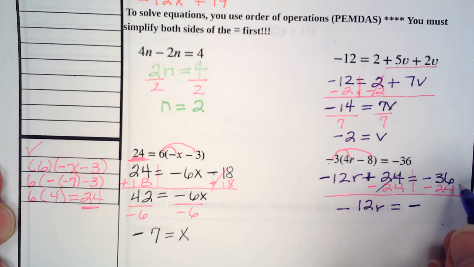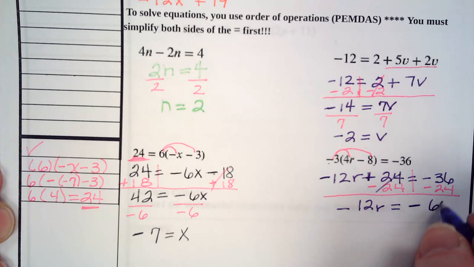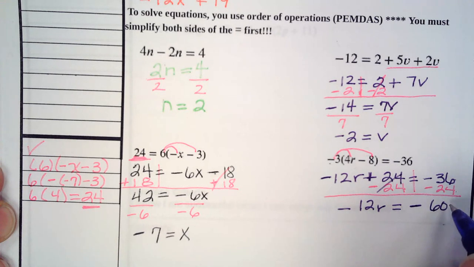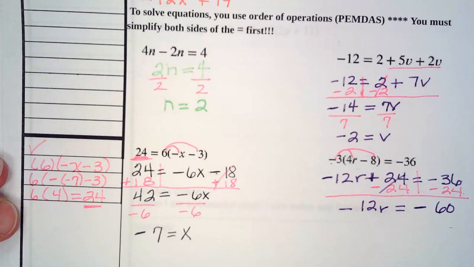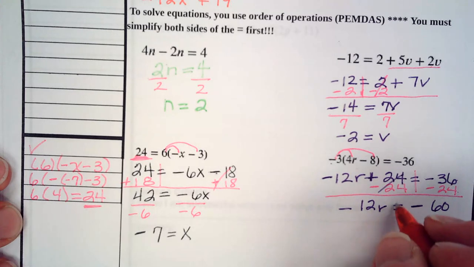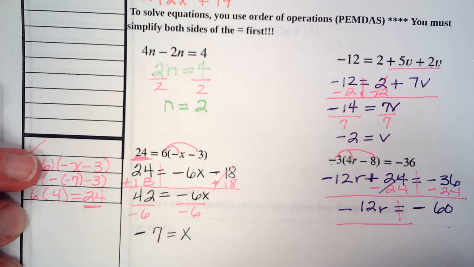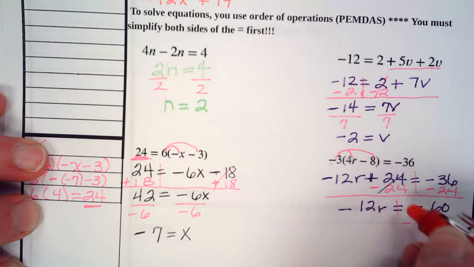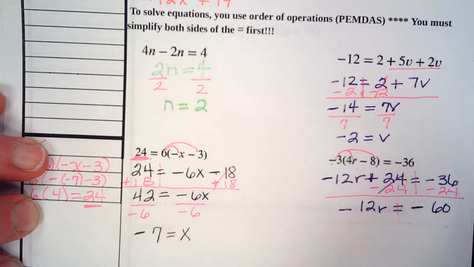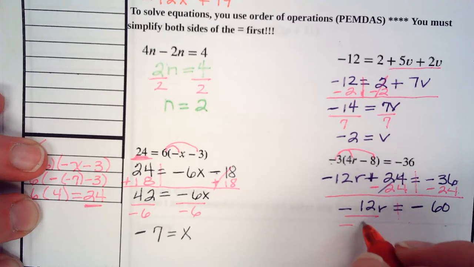Okay, so if I'm adding, if I take the 4 from the 24 and add it to 6, I get 40. 40 plus 20 is 60. Or 6 plus 4 is 10. Put the 0, carry your 1. 1 plus 3 is 4, plus 2 is 6. Last step. Whoops, I don't need it this time. All I need to do is to divide both sides by negative 12.